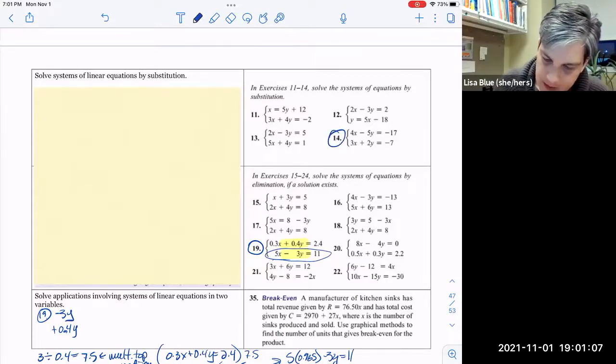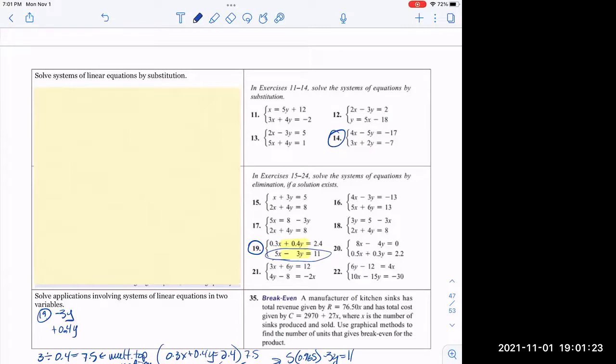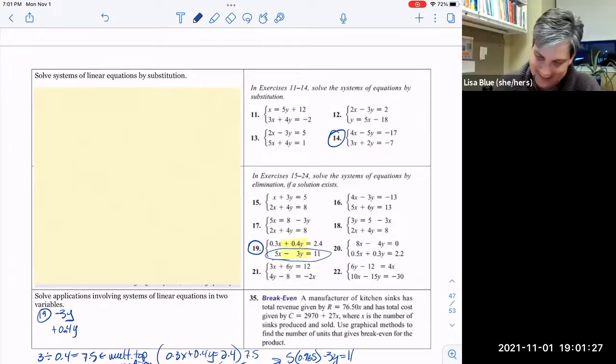So 4x minus 5y equals negative 17, and 3x plus 2y equals negative 7. Yeah, that's yucky. You chose well. I have no clue where to start.